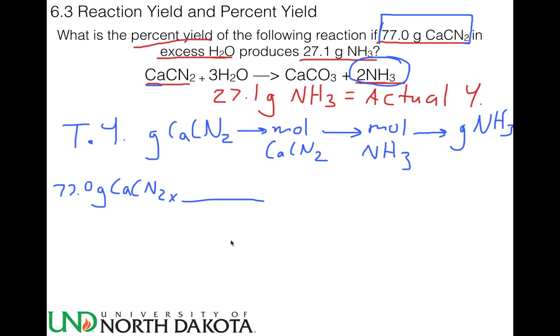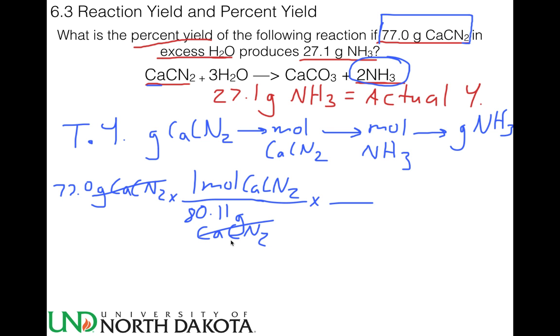So I'm going to put that 80.11 grams on bottom so they cancel out, and put that 1 mole of CaCN2 in our numerator. Now grams of calcium cyanide cancel out. We've used the molar mass as a conversion factor.